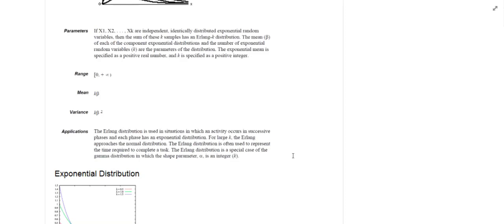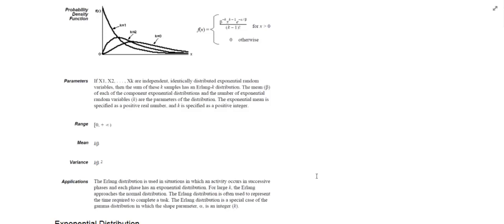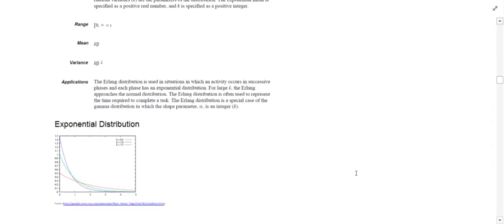The Erlang distribution is often used to represent the time required to complete a task. It's a special case of the gamma distribution in which the shape alpha is an integer k. And the gamma distribution is one of the distributions we'll talk about here in a bit.